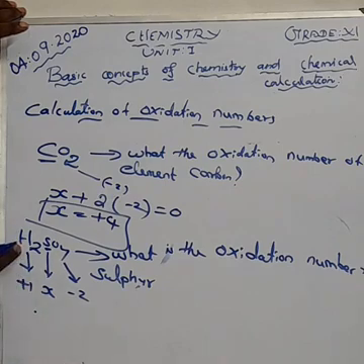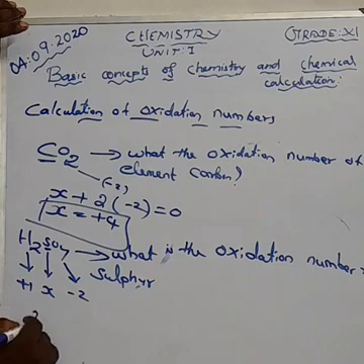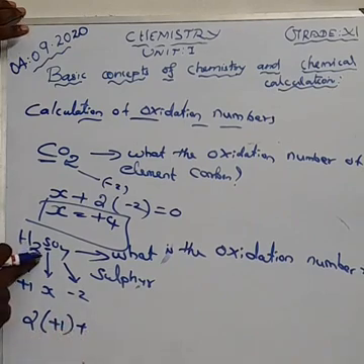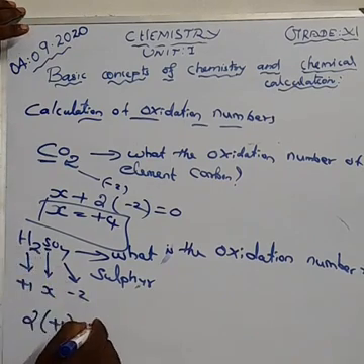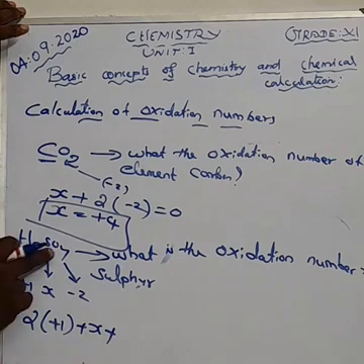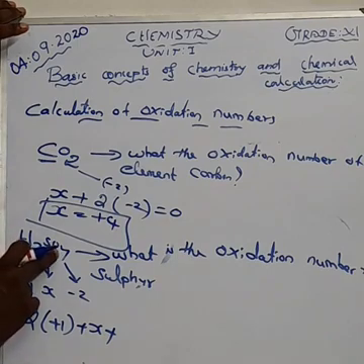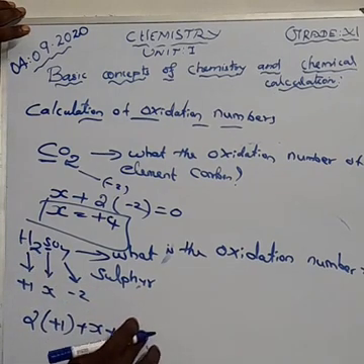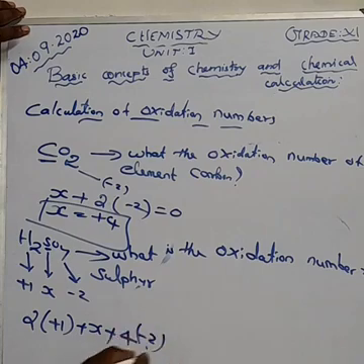How much hydrogen is there? 2 hydrogen, so 2 into +1 plus sulfur taken as X plus how much oxygen is there? 4 oxygen. So 4 into the oxygen value -2. Given as 4 into -2.